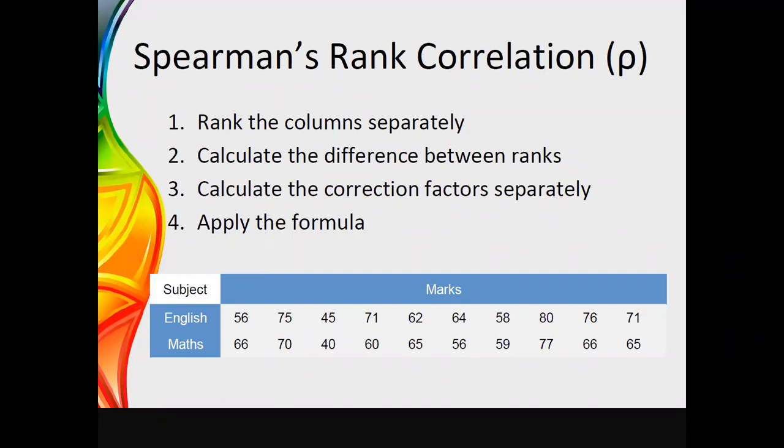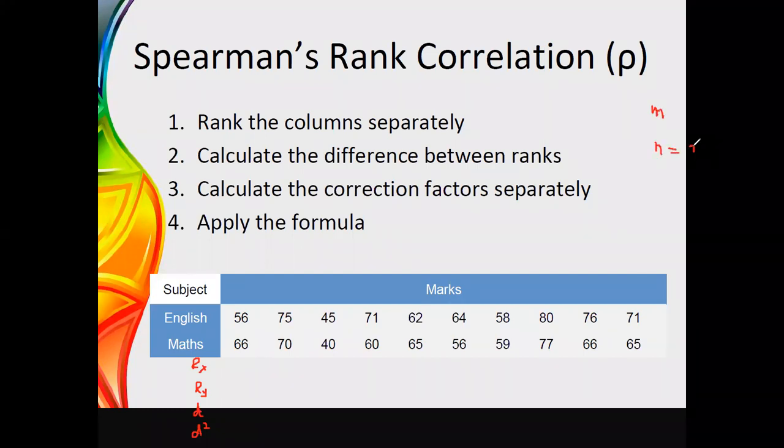But anyhow, first of all you need the rank of x, the rank of y, then the value for d, and then the value for d squared, and you need a value for m and a value for n.